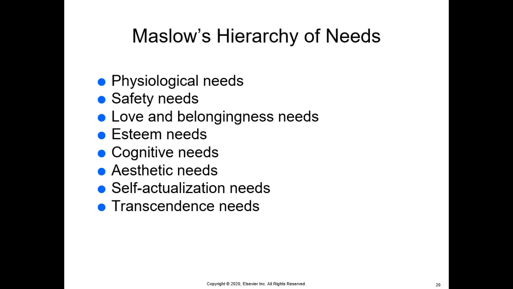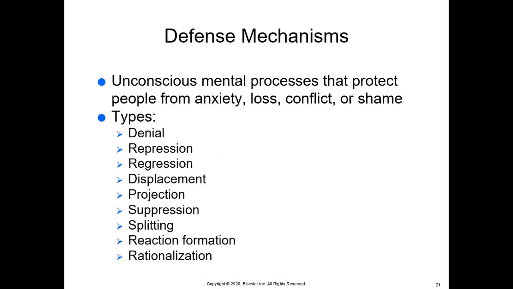Then we move up to growth needs, which would be your esteem needs, cognitive needs, aesthetic needs, self-actualization needs, and transcendence needs. I'm just going over this briefly. If you want to study it, it's fairly interesting, but we're not going to go into great detail right here.